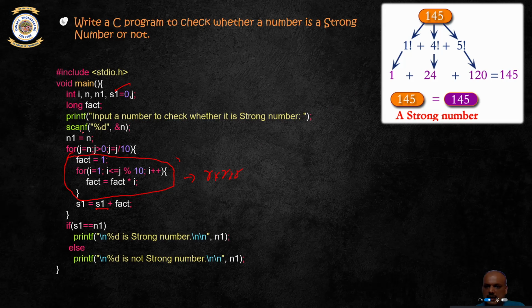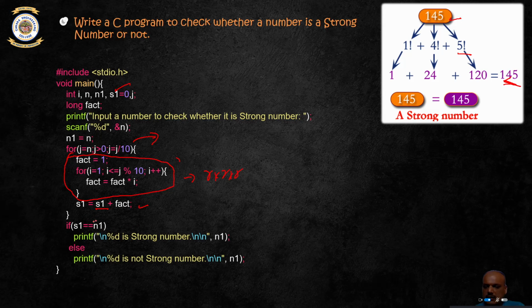So every time this loop squeezes out one digit out of the given number, and this loop calculates the factorial of that particular digit. Okay, and at the end of this you get the accumulated value of the factorials of individual digits.